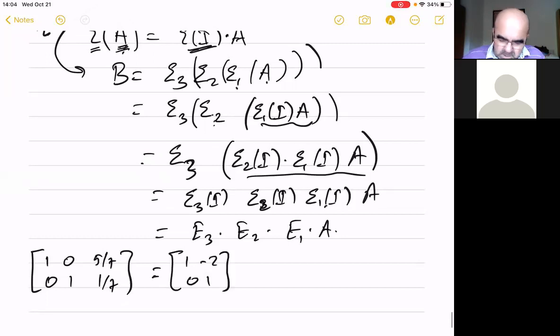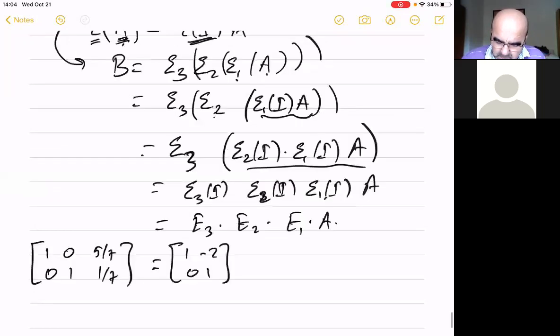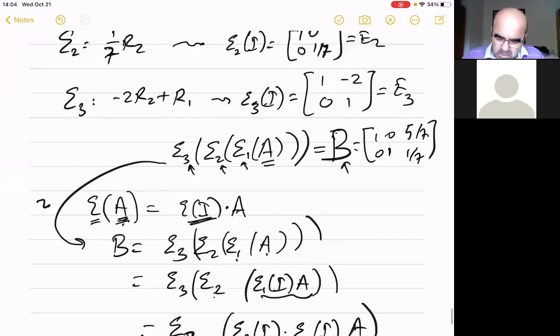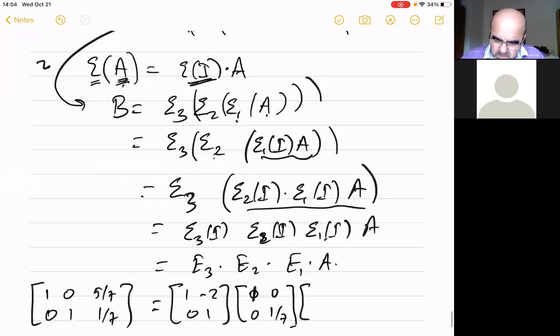E2 is 1, 0, 0, 1 over 7. E1 is 1, 0, 2, 1, and A is A.